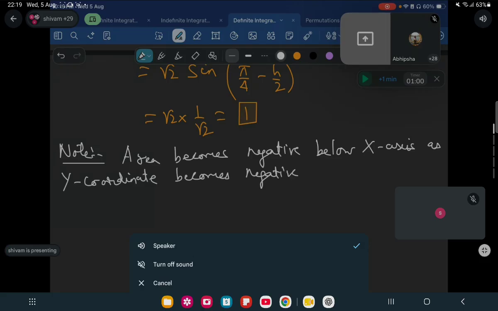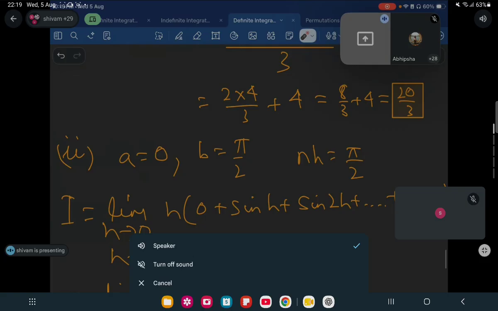Okay, so the height of the strip becomes negative.